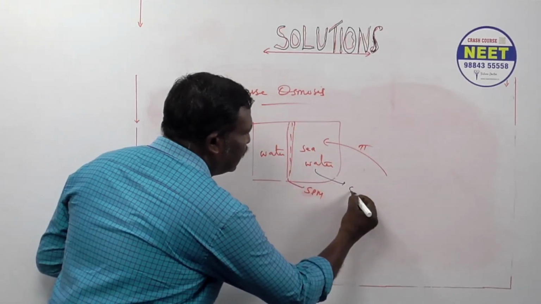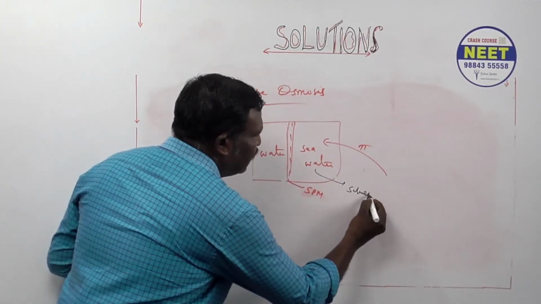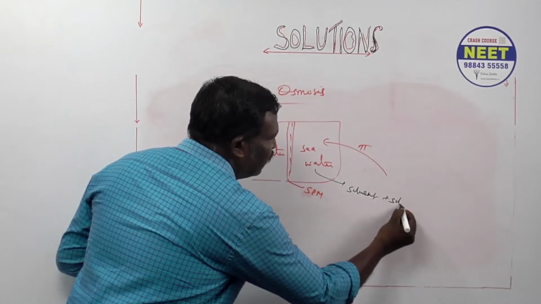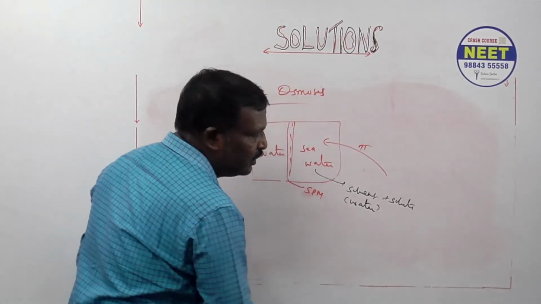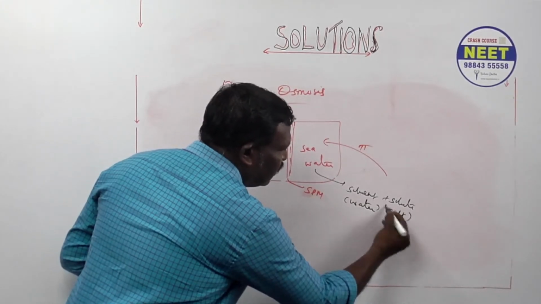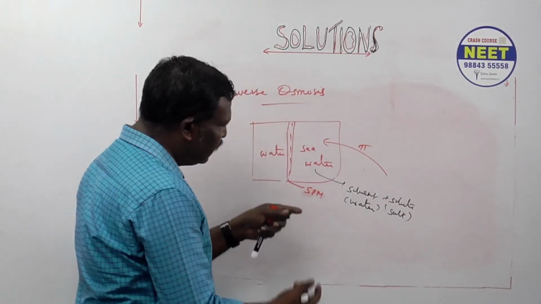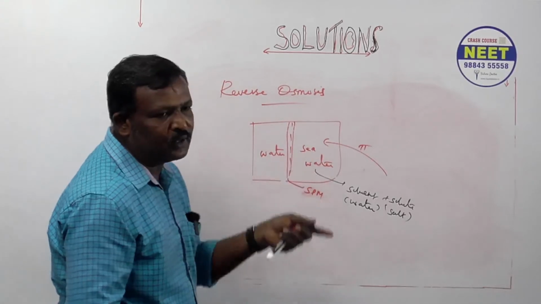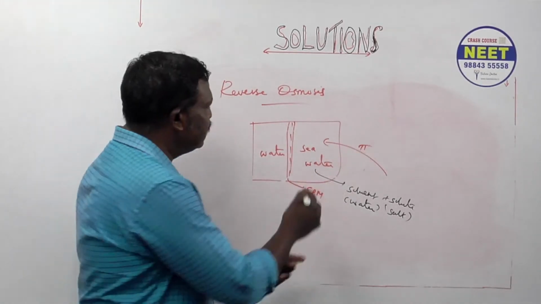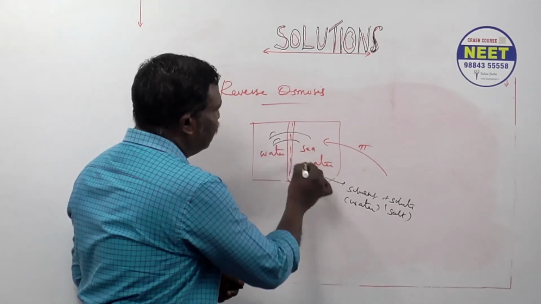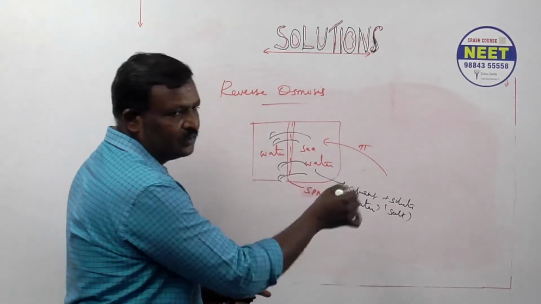What is seawater? It contains solvent and solid. The solvent is water, and the solid is salt. To get water from seawater, we have to give more pressure than normal pressure. Then only we can push water from this side to that side.